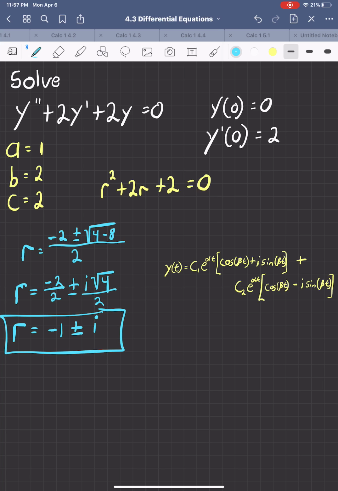Okay, so from here you should be able to look at what I've boxed in, and tell me what alpha is as well as what beta is. If you look back in your notes, previous parts of the videos, remember that this is alpha, and then whatever multiplies i is beta. So in this case, alpha is equal to negative 1, and beta is equal to positive 1.